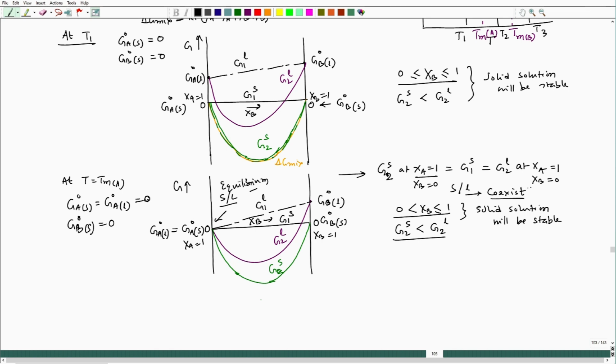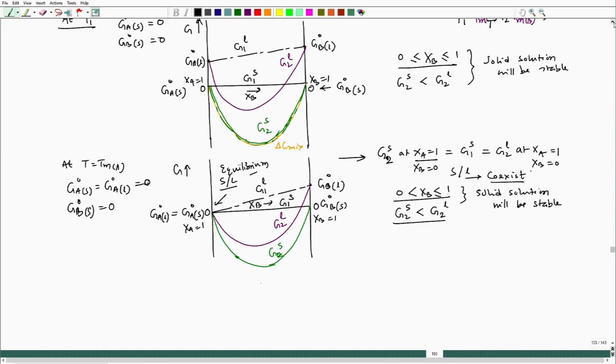So that means the first liquid will start appearing, because if I compare T1 with T equal to TMA, I see that at one point only the free energy of solid solution and liquid solution, which is nothing but the pure A, merge with each other. Initially everything was solid at T1. Now as we increase the temperature, the first liquid will start appearing in the system at composition XA equal to 1.